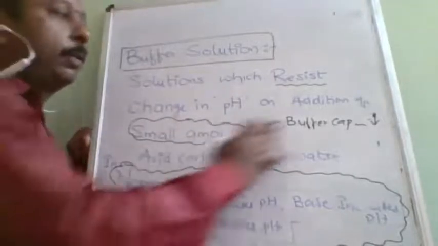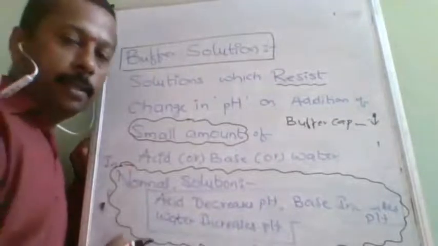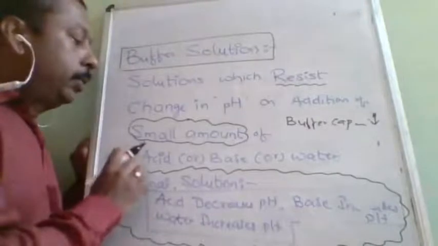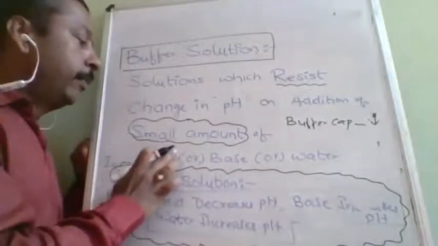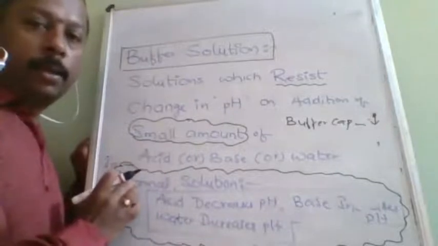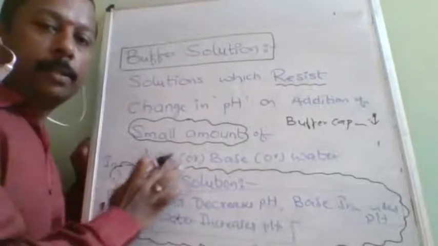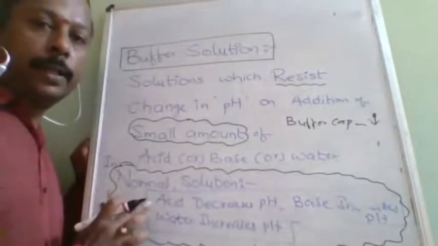Buffer capacity is a measure of resisting change in pH, to what extent it can avoid changing pH. Understood? So if buffer capacity is more, we can add more acid, more base, more water without causing any change in its pH.